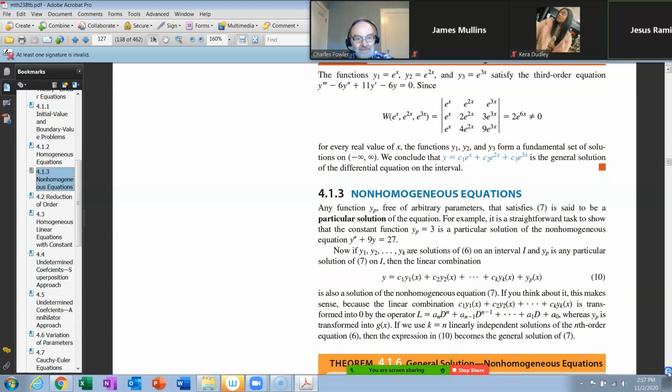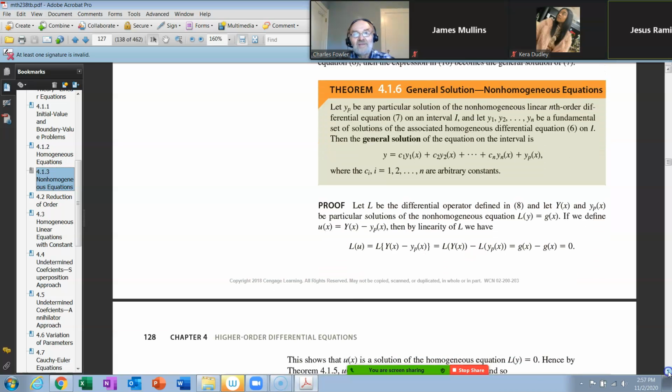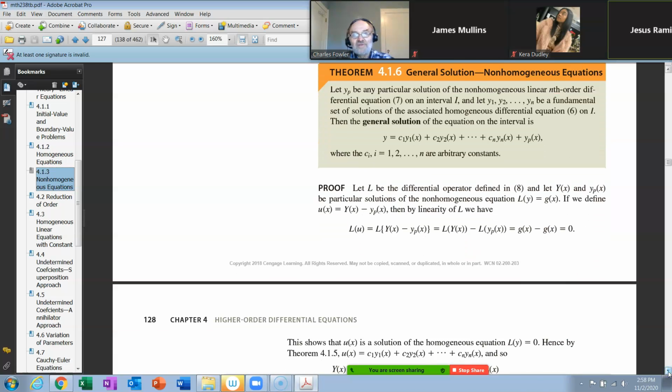Here is what we call the general solution, theorem 4.1.6, the general solution for the non-homogeneous equations.